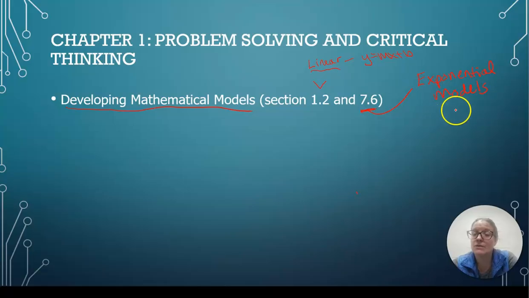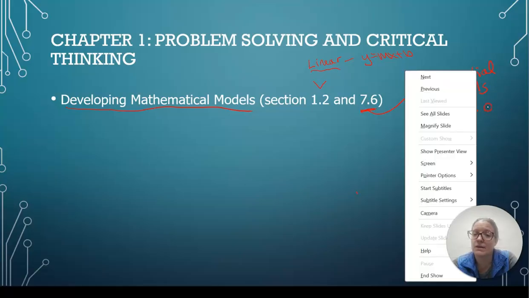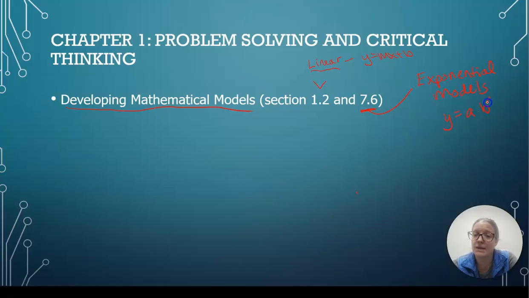But in this case, we are going to be looking at situations where the unknown, the x, is our exponent as opposed to being the base like we have in linear. Now, each of these sections will work you through the differences between these models and how to use them.